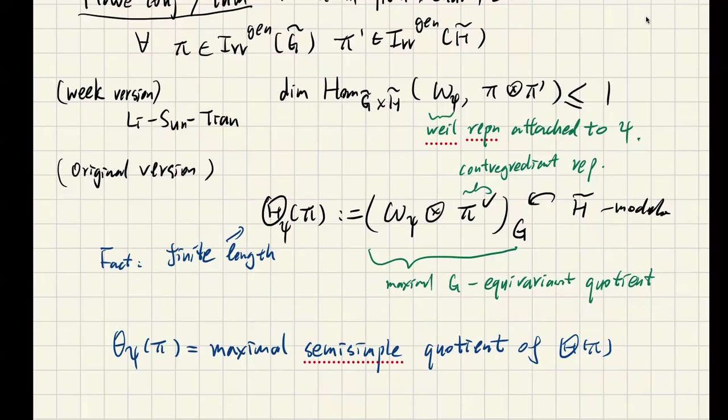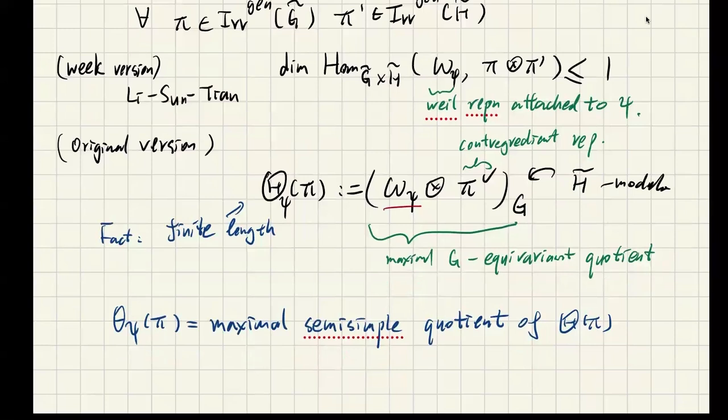With H tilde acting on the Weil representation part. The fact is that this module is a finite length module, and you can consider the maximal semi-simple quotient of this big theta pi. We call it the small theta pi. A priori, this small theta pi is just a semi-simple representation.